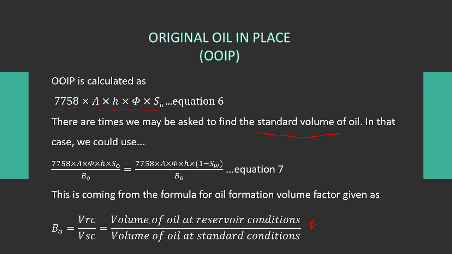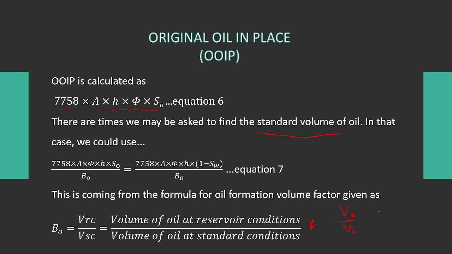The oil formation volume factor here is BO, and that is equal to the volume of oil at reservoir conditions divided by the volume of oil at standard conditions. If we divide everything by the total pore volume, maybe I have the volume of oil at reservoir conditions, let me make that VA, and the volume at standard conditions, maybe VB.